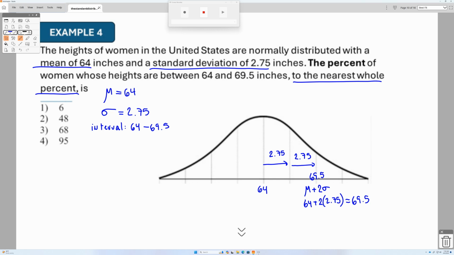If within 2 standard deviations are 95% of the data, then the interval from 64 to 69.5 contains half of that 95%.